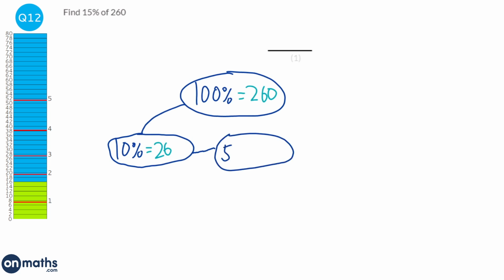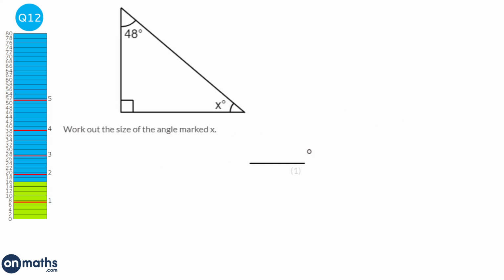And we do that by halving the 10%. So that'd be 13. And then all we need to do is add the 26 to the 13, because the 10% plus the 5% are 15%. And that's 39. So our answer is 39.